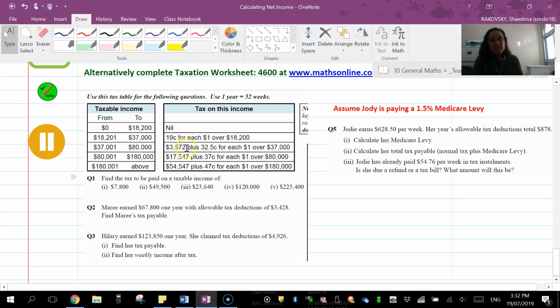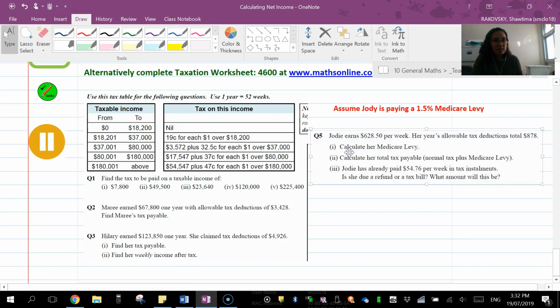You plus this, and then you find 32.5 cents for every dollar over $37,000. So just keep that in mind when you attempt anything in these other brackets here. And then you've got, I'll just move that over a bit.